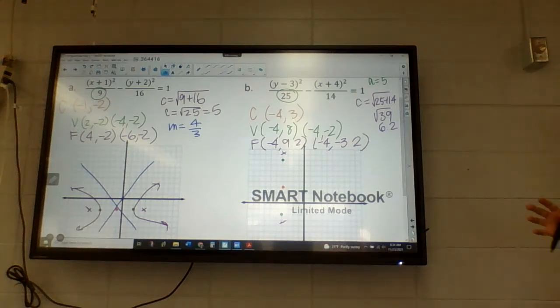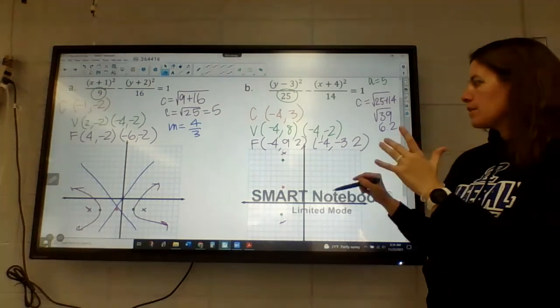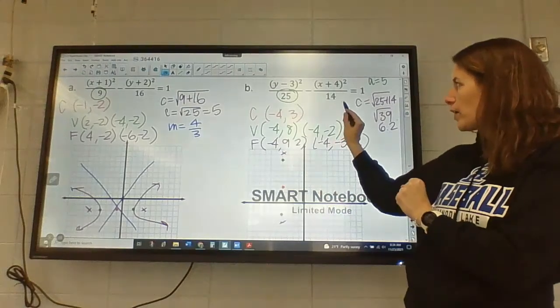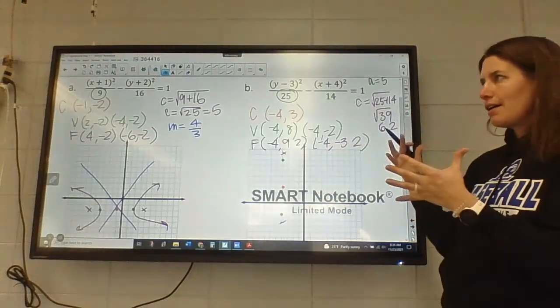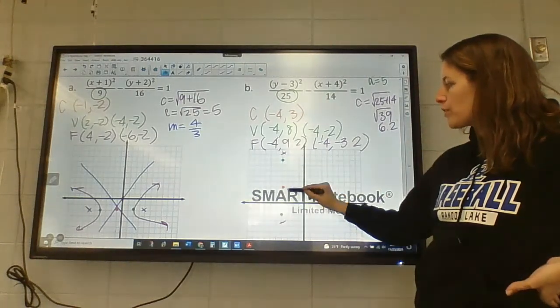And our slope, one of the things to notice is the slope is typically going to go up as high as your vertex and then over however much the B is. We have to do the square root of 14, which is like 3 point something. So it's going to go up 5, over 3 point something.